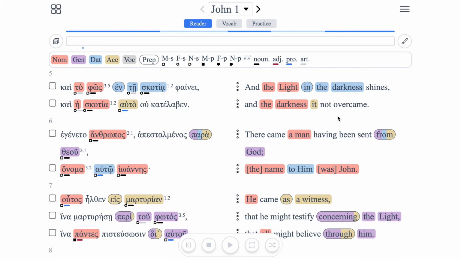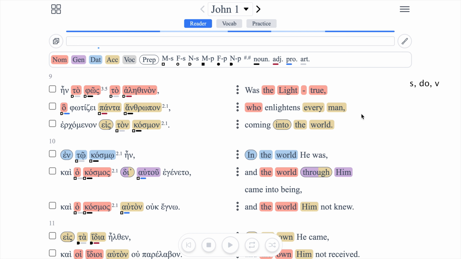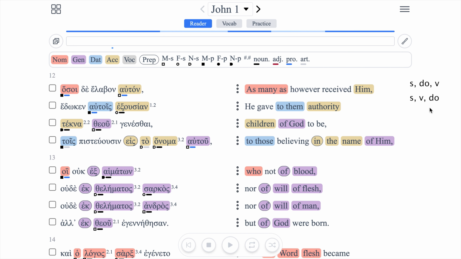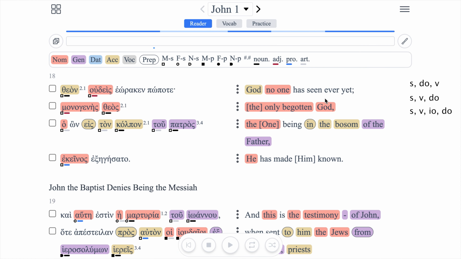In John 5, we have a subject, a direct object, and a verb. In 9, we have subject, verb, direct object. In 12, we have subject, verb, indirect object, direct object. In 18, we have direct object, subject, verb.